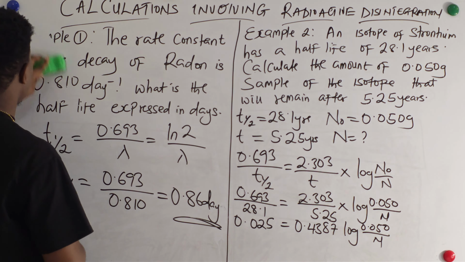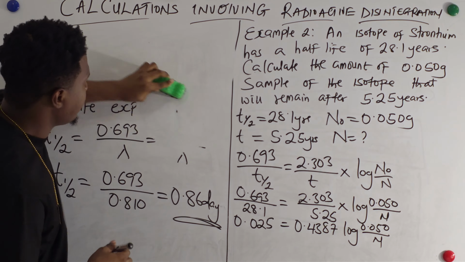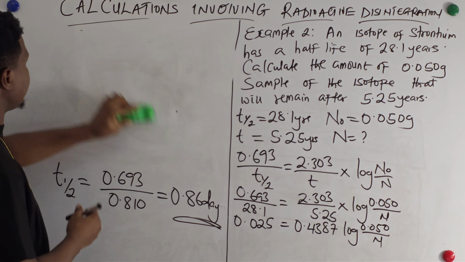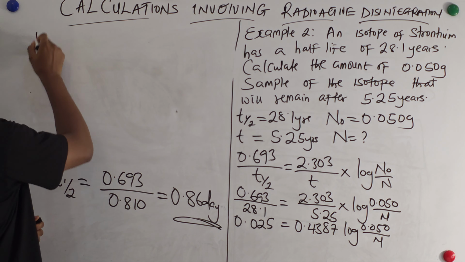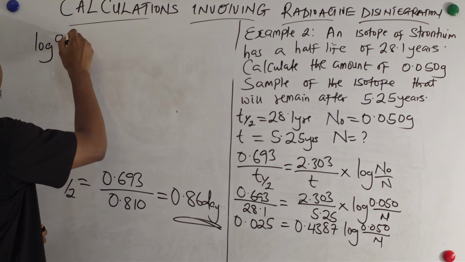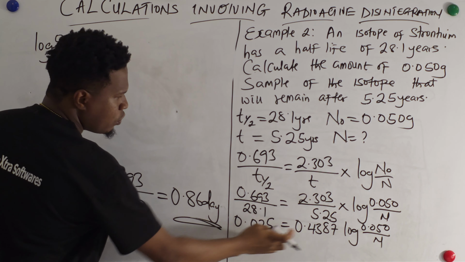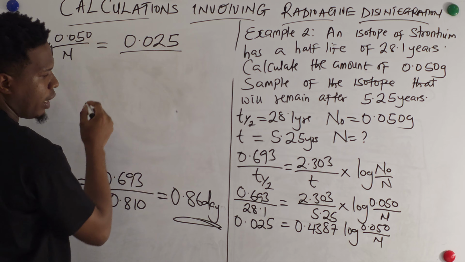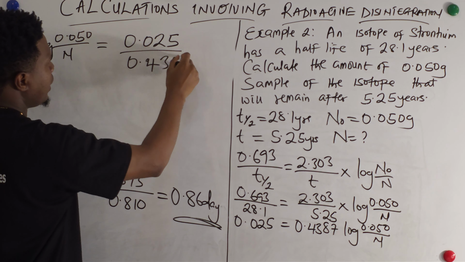I'm going to clean this side, I want to finish the solving here. So log 0.050 over N is equal to 0.025 all over 0.4387.